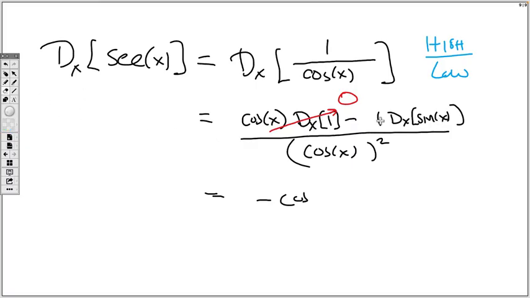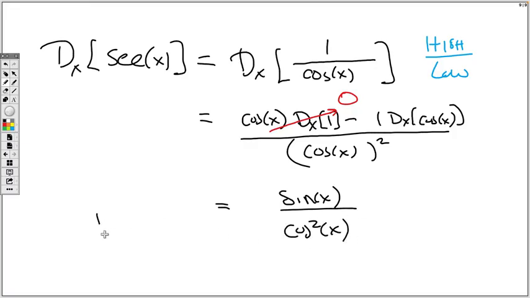Oh my goodness. I got ahead of myself. There we go. Now it's better. The derivative of cosine minus sine, but there's a minus out front, so it's what? Sine x. Okay. I got ahead of myself there.